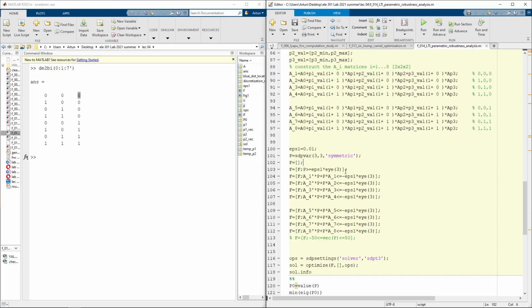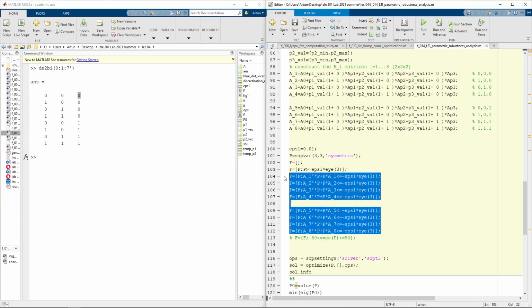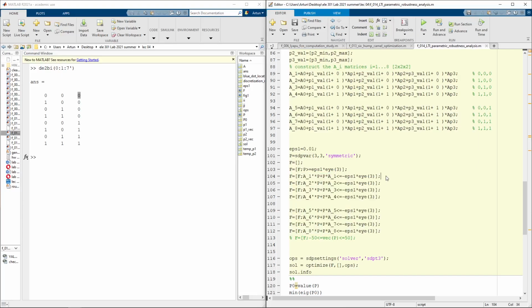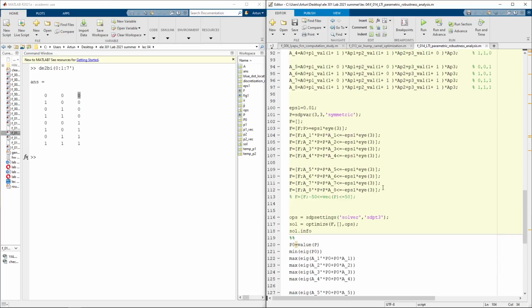There is one V of x constraint of positive definite type, and there are eight negative definiteness constraints. You can think of that as V dot being negative. I just iterate that all the time, and after that we just solve it.